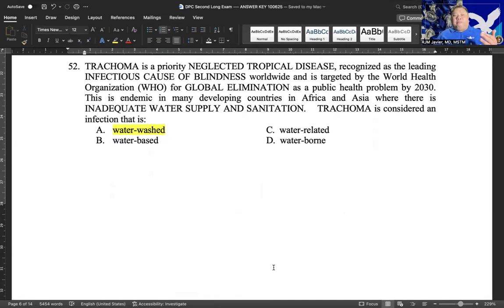When we say water-based infections, these are exemplified by your schistosomiasis, where the body of water plays a pivotal role in the life cycle of the vector or the reservoir, while your water-related infections are often secondary to your vectors. So when we talk of your mosquitoes or other types of water-related infections, this is where you would encounter such conditions.